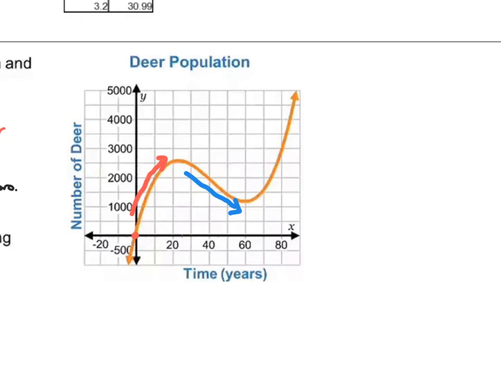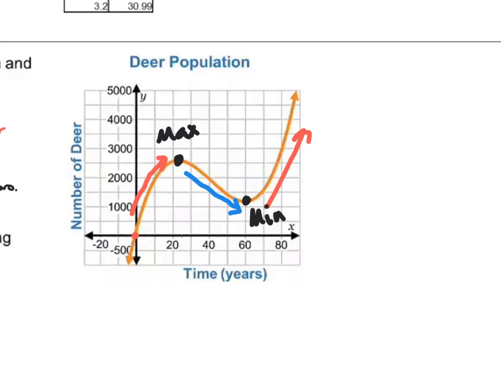Probably humans with their guns, killing the deer for the antlers and for the venison, which is delicious. But then all of a sudden, the graph goes back up again. The population goes way up. So here, you had a maximum number of deer. Here, you had a minimum number of deer.